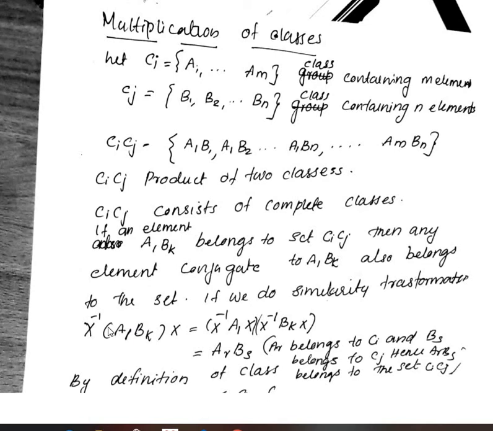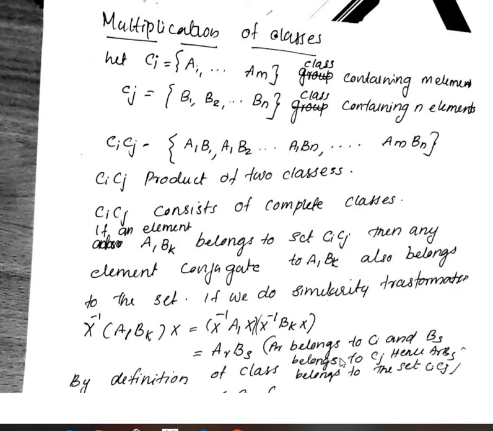If we do the similarity transformation, X inverse AlBk X, we can insert X inverse X, which is E. So X inverse Al X times X inverse Bk X is another element of the class Ci, suppose it is Ar, and X inverse Bk X is another element of Cj, let it be Bs.